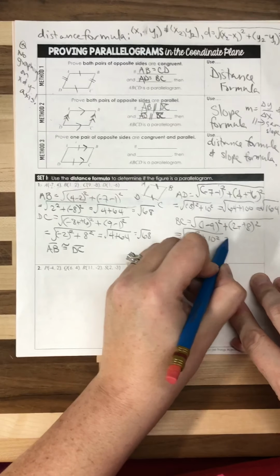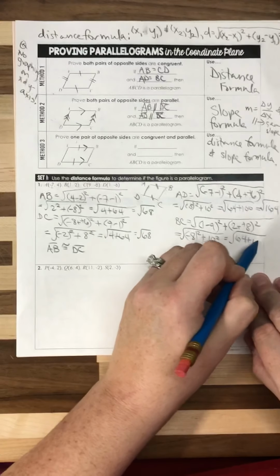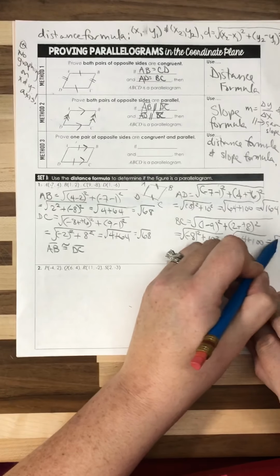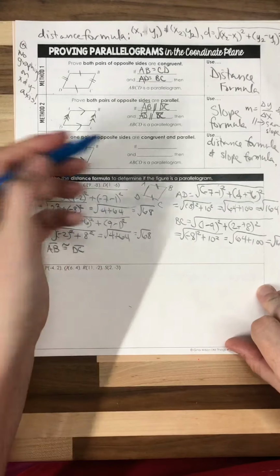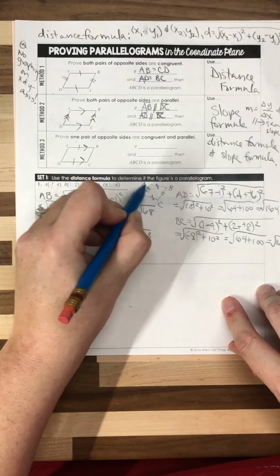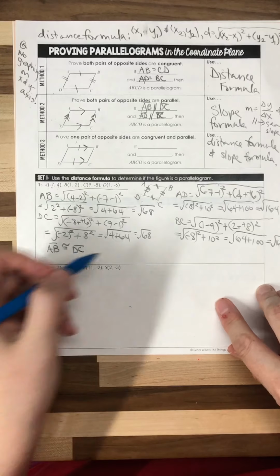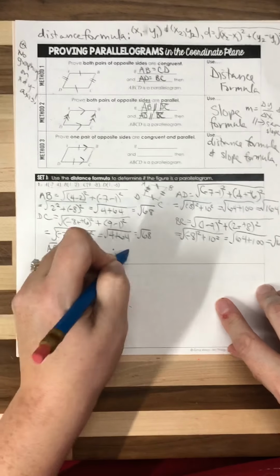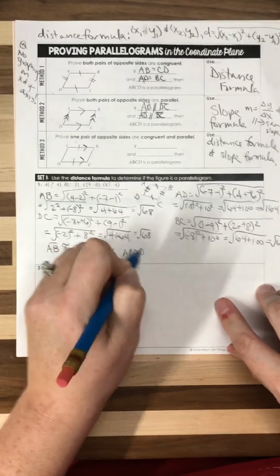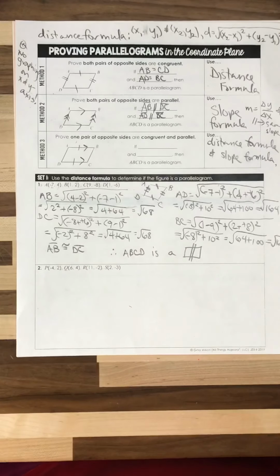Well, I already know it's the same because that ends up being the square root of 64 plus 100, which is the square root of 164. And boom, these are congruent. And because we have both pairs of opposite sides that are congruent, we can say, therefore, ABCD is a parallelogram. Okay, boom.